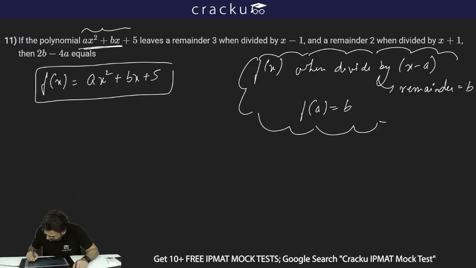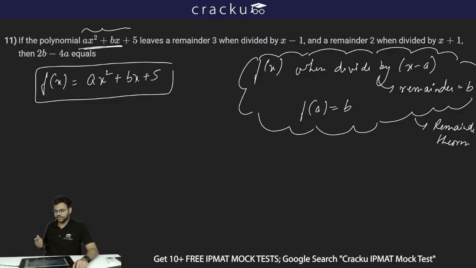This is the remainder theorem. This is what the remainder theorem says: any polynomial f(x) when divided by x minus a leaves a remainder b, I can write f(a) is equal to b.